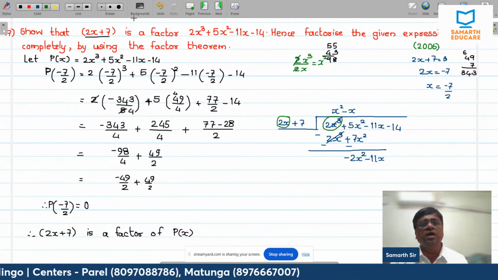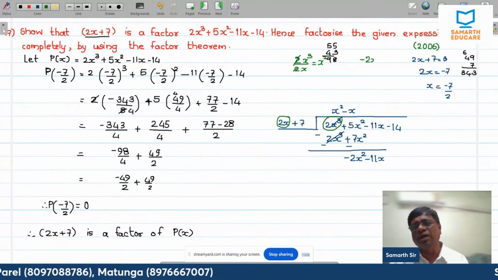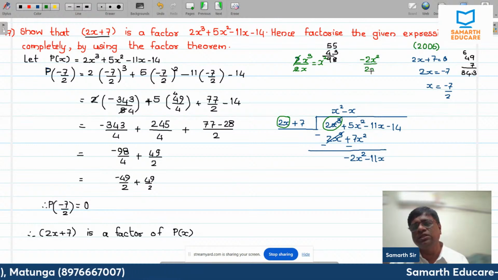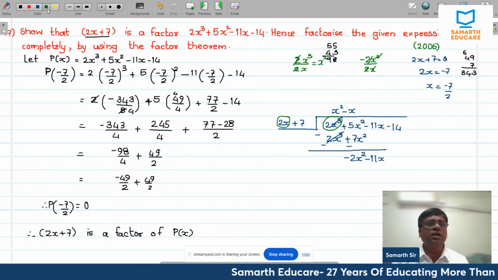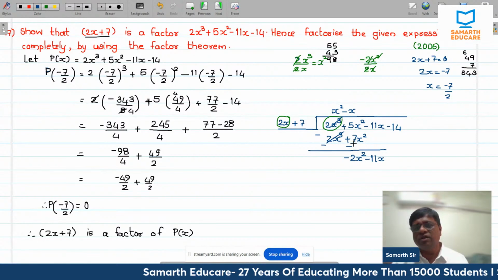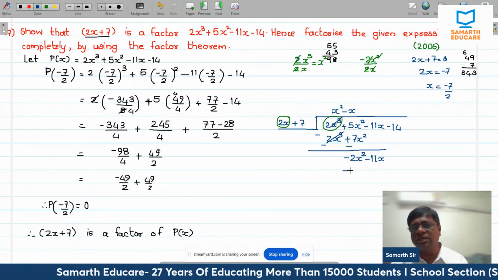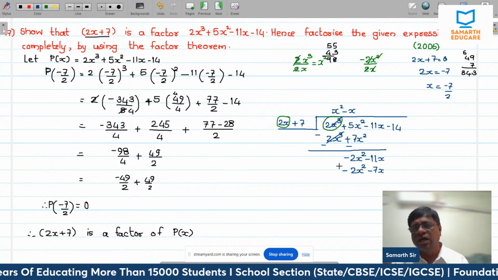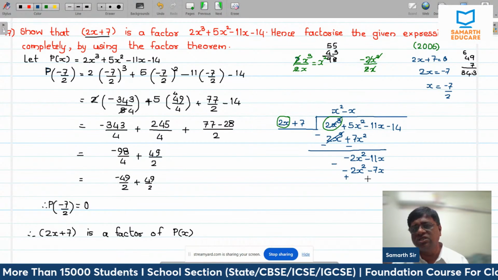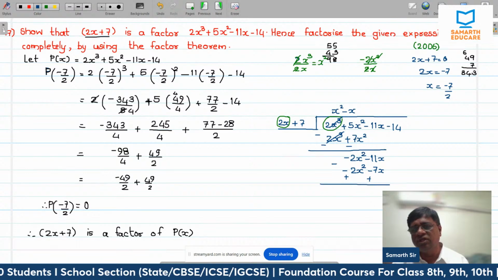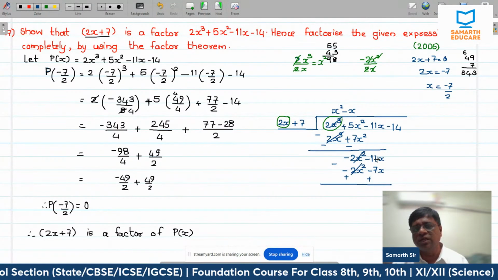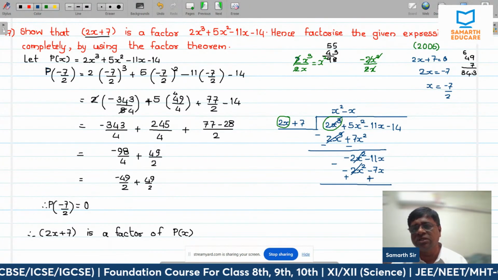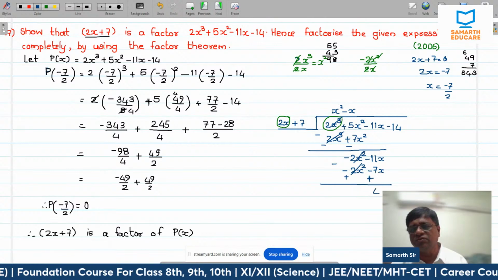If you don't understand, I want minus 2x square and I have 2x. The 2 gets cancelled, one x is gone, so what do I multiply by? By minus x. So I'm multiplying by minus x and I get minus 2x square and minus 7x. I have to subtract so that the signs change, and then with the subtraction 2x square gets cancelled. Minus 11x plus 7x is minus 4x.